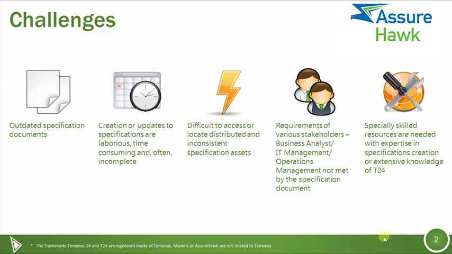But typically in a migration or a transformation context, most institutions would have also created either a system documentation which is used by the IT team and a user manual which is used by their operations team. In our context, when we refer to specifications, we refer to all these three documents together.